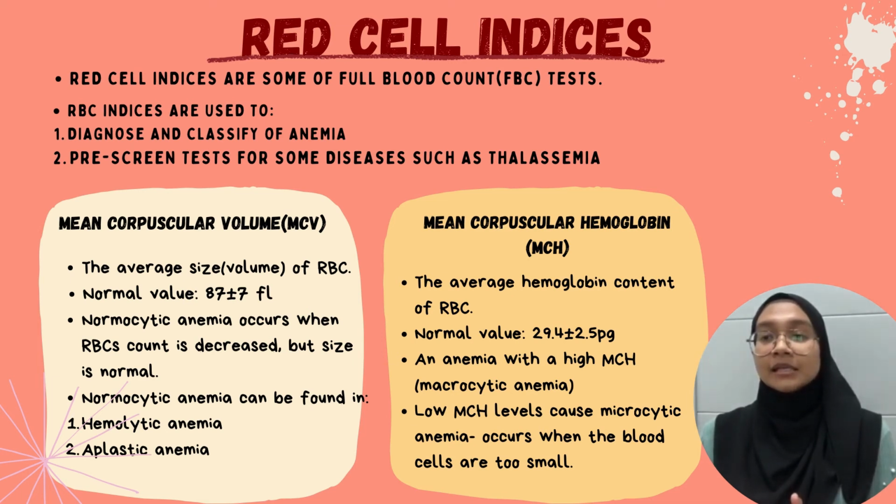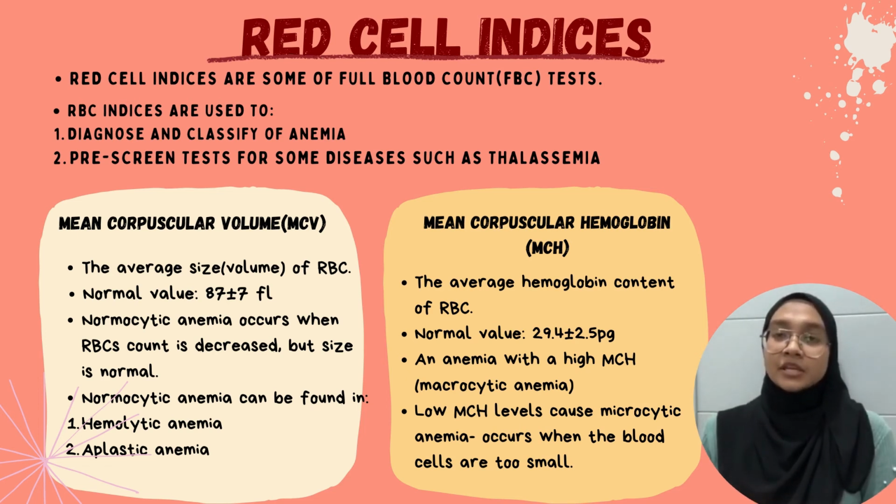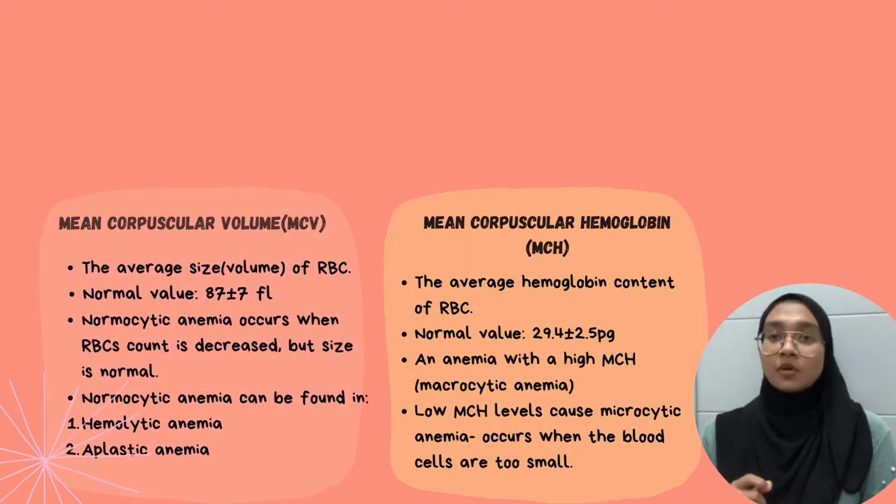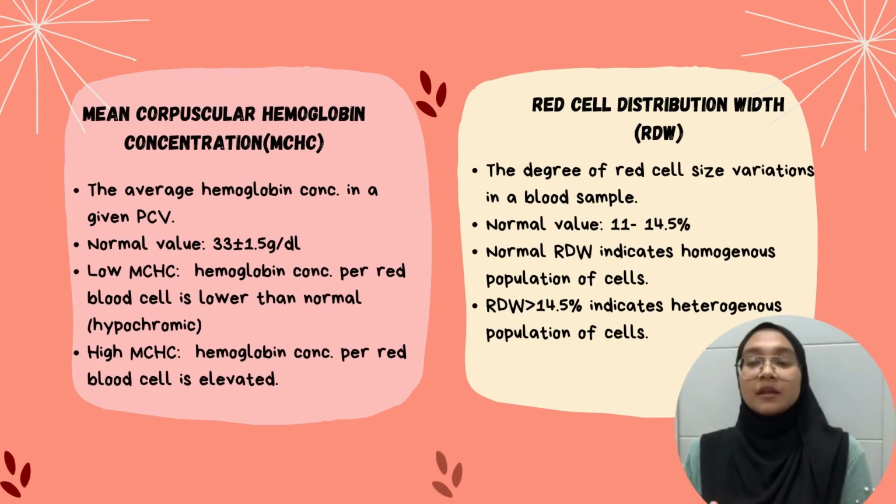So the second element in the RBC index is mean corpuscular hemoglobin, which is MCH. It is the average hemoglobin content of an RBC. Anemia with high MCH we call macrocytic anemia, while low MCH can cause microcytic anemia. It occurs when the blood cells are too small. Next, we identify the mean corpuscular hemoglobin concentration, which is MCHC.